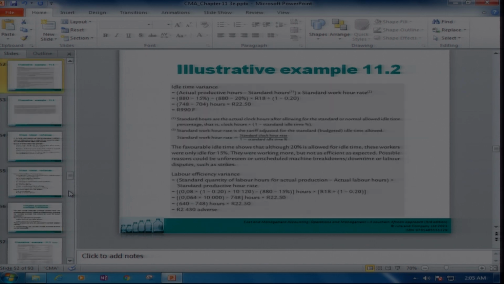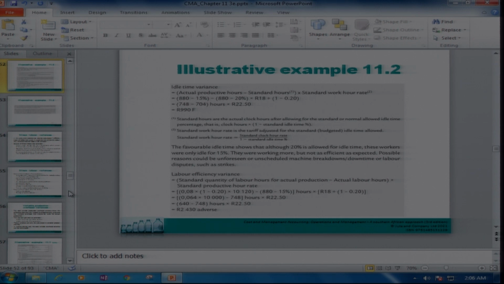And then continuing, we're now going to be working out the idle time. The formula says actual productive hours minus standard productive hours multiplied by the standard rate. So for the actual hours, we actually worked 880 hours.